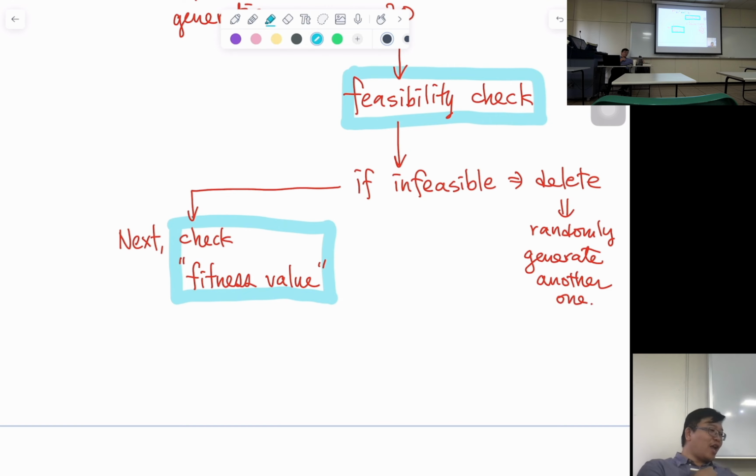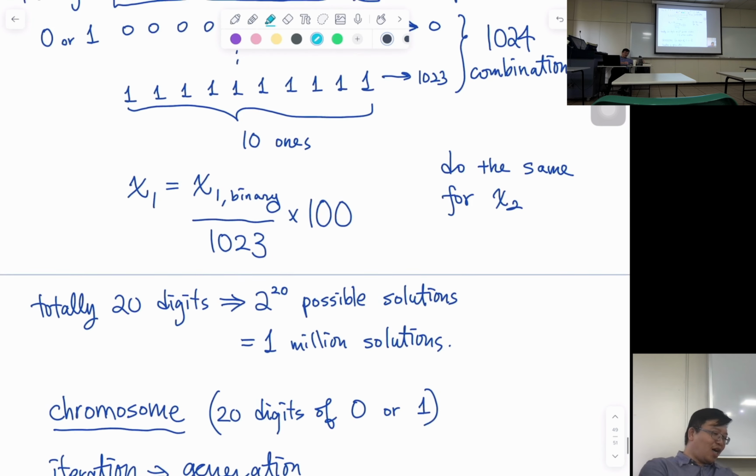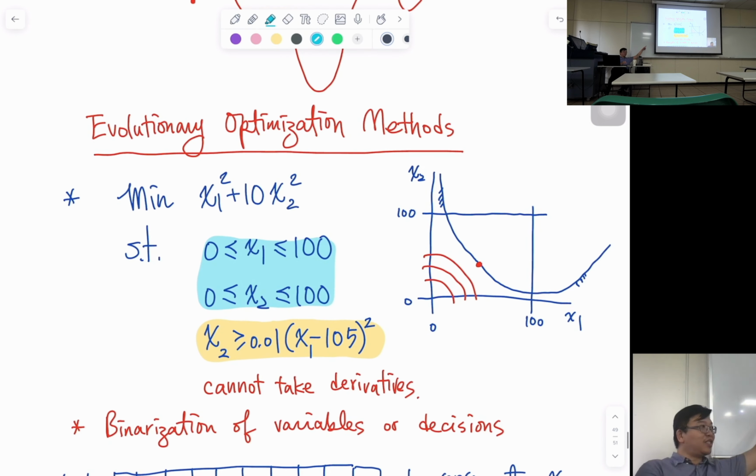Okay? So in our case, we are minimizing the objective function, right? So if I have a bunch of randomly generated chromosomes, they are all feasible, because during the feasibility check, if it's a bad one, I kill it. Now I should have 20 good ones.